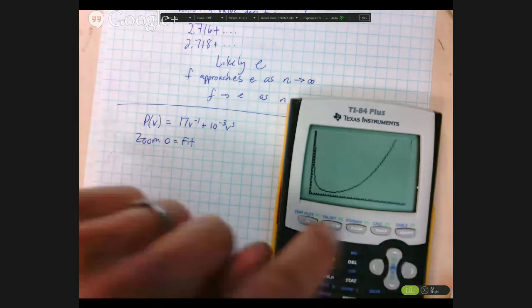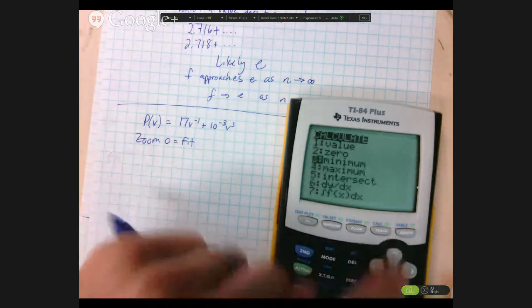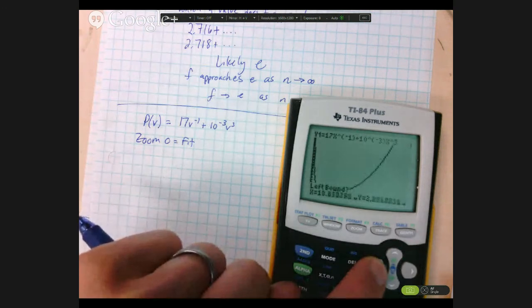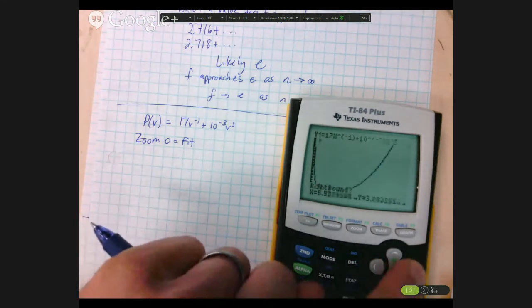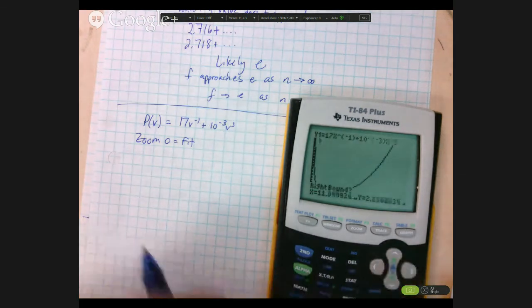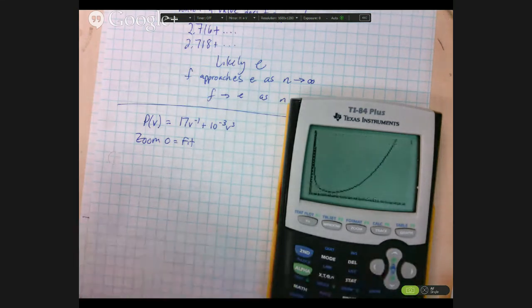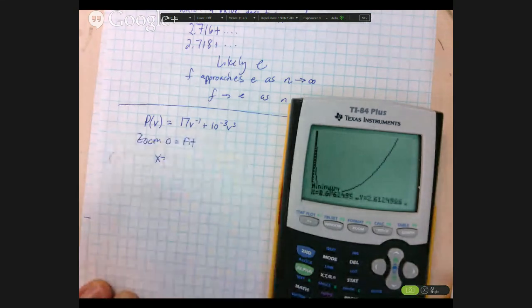Now you can calculate a minimum, and we'll try to find the left of it. The right of it. And we'll guess.